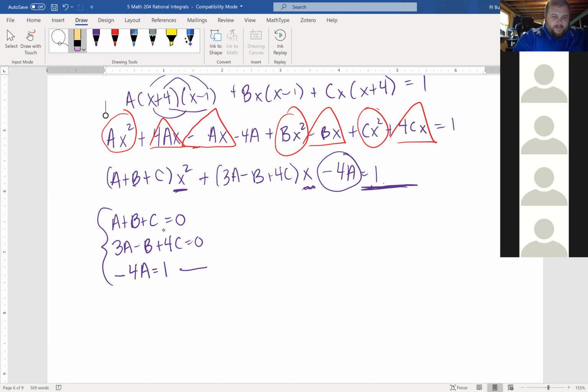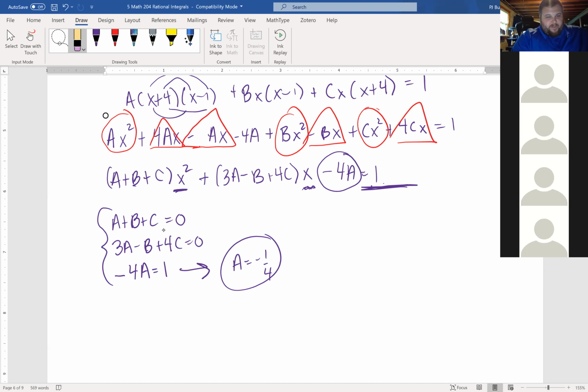The last one's really nice because it just tells me a is negative 1/4. So then I have a already, and I notice the two equations that are left have a in them, and I can eliminate b or c, giving me the other term in terms of a.